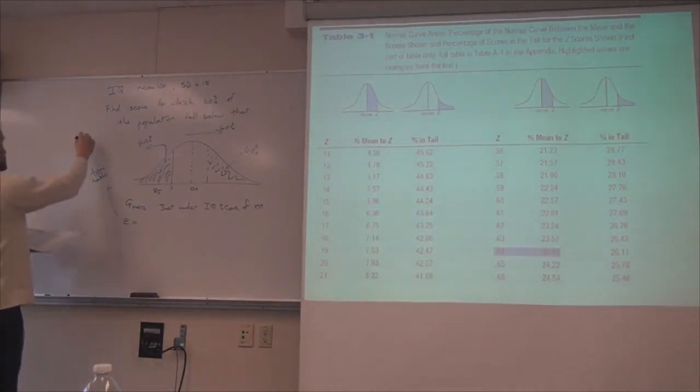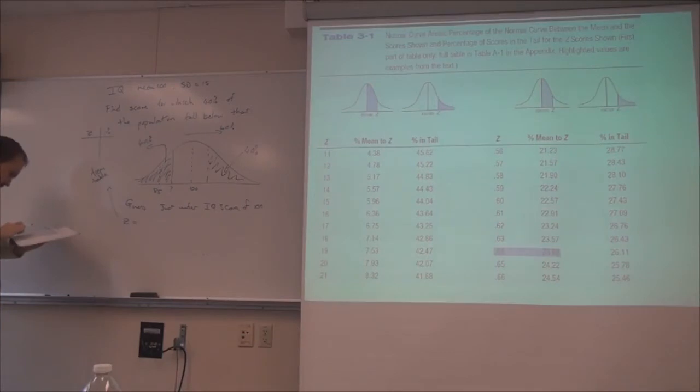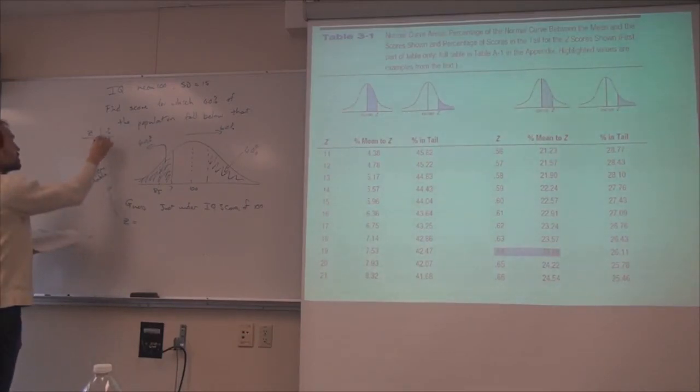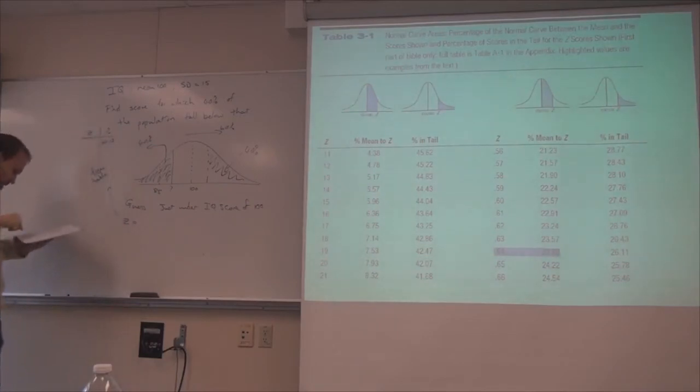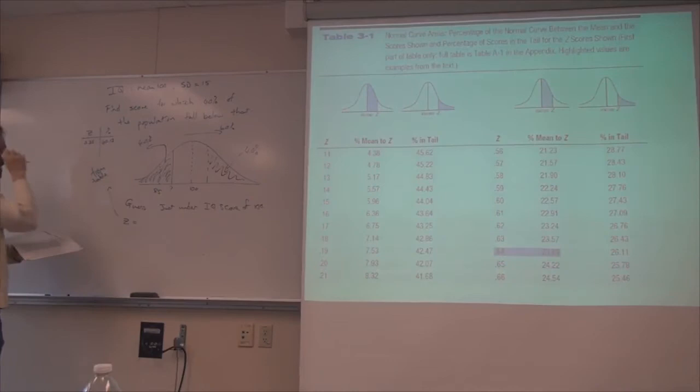I find Z and the percentage. I find 40.13, and that corresponds to a Z score of 0.25. And the next one jumps over the 40, 39.74, and that will be a Z score of 0.26.